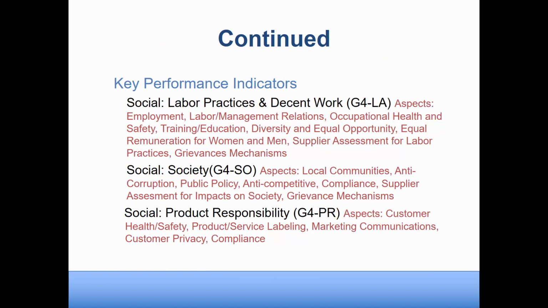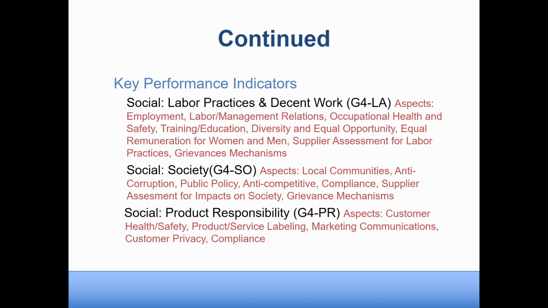Other social areas, labor practices and decent work, right? Do you have diversity, do you have men, women, ethnic groups, disabled, vets, LGBTQ? Are they represented in all areas of your business, or just diversity at the lower levels and the upper team is all middle class white guys kind of thing?